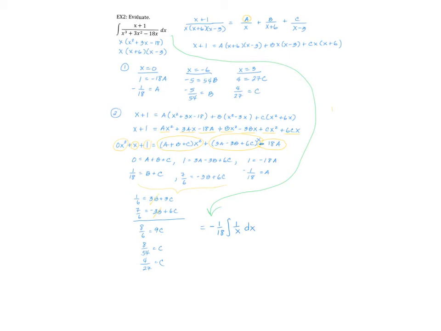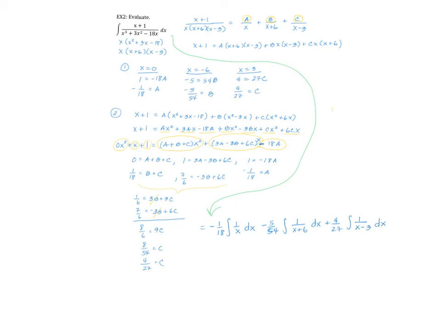And b was negative 5 over 54. So we can minus 5 over 54, times the integral of, so remember b was over x plus 6, 1 over x plus 6 dx. And then our c value was a positive 4 over 27, times the integral of, c was over x minus 3, so 1 over x minus 3 dx.